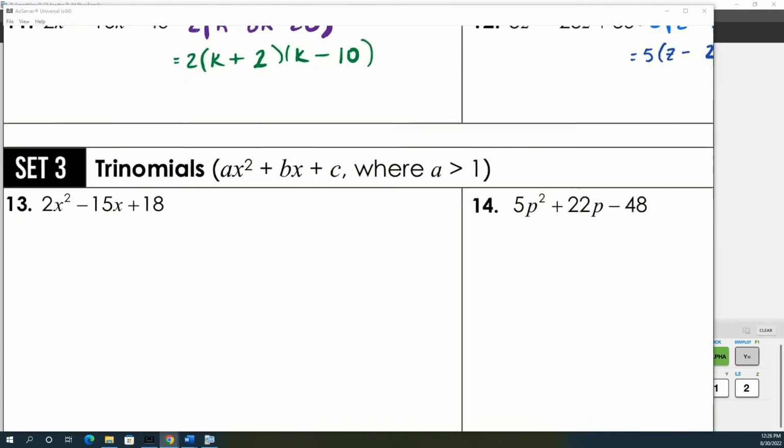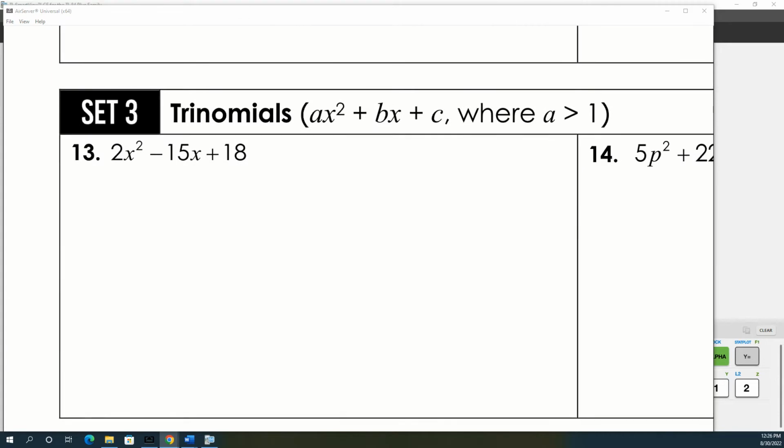So I'm going to go over to the side and multiply 2 by the 18, and that's going to be 36. Since the 2 slid over with the 18, it's not there anymore. So I just have x squared, the 15x stays the same, and 18 turns into 36.